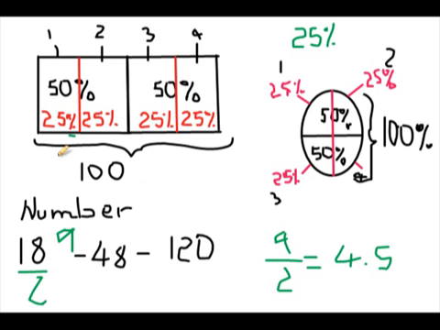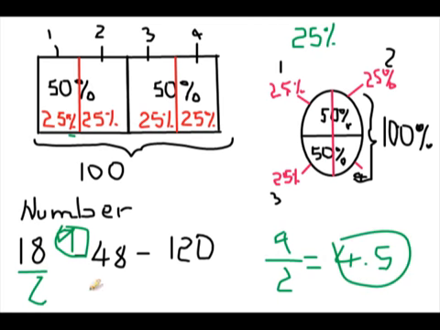Now you know how to compute 50% easily and 25% easily. It's possible to combine them to get 75%. Let's say they give you 75%. You know 75 is 50 plus 25. You compute 50% first, half of it, and after that you compute 25%. You just add them together, you get 75%. So if I need 75% of 18, I would say 50% is 9, and I know 25% is 4.5.